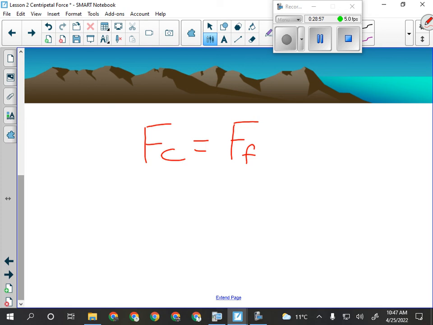Okay, so then we would have mv squared over r equals mu times the normal force. And since this corner is unbanked, that means it's level, F normal is equal to force of gravity. So I can do this.